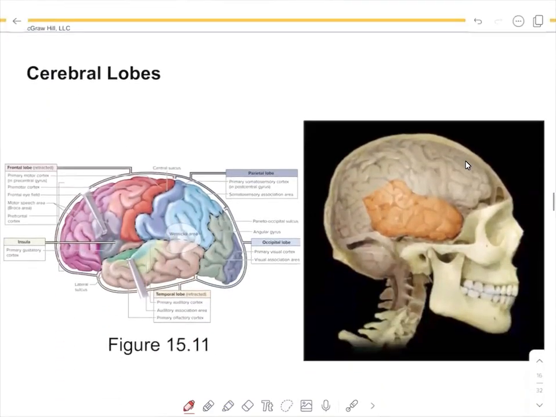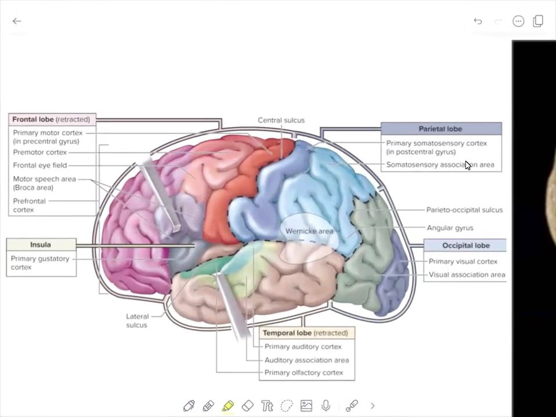This image is showing the various cerebral lobes. So we can see, related to the central sulcus, that anterior to the central sulcus is the frontal lobe. This is where the primary motor cortex would be located, and the motor speech area called Broca's area.